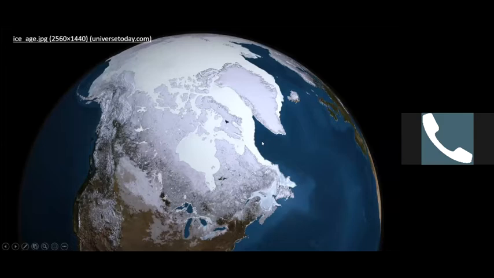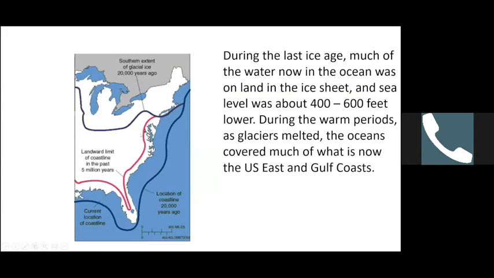So here's one image which represents what North America may have looked like during the last ice age. And in this image, this line represents the southern extent of the glacial ice, which in the New York area was anywhere from 1,000 to 3,000 feet thick.